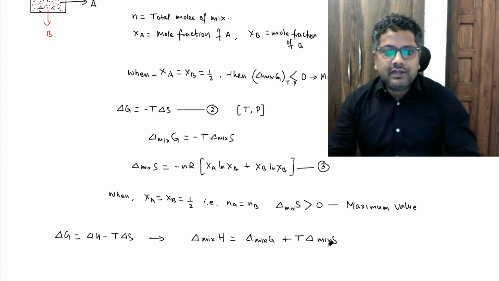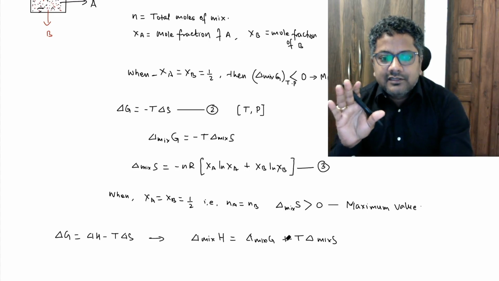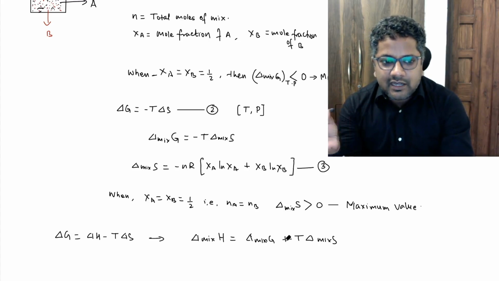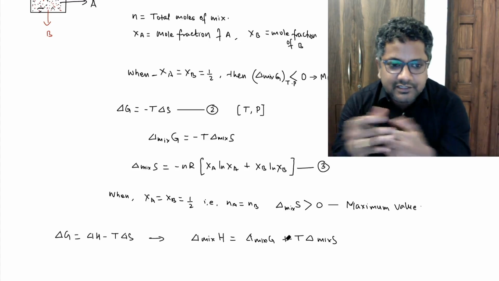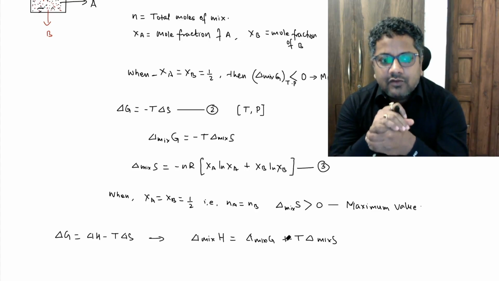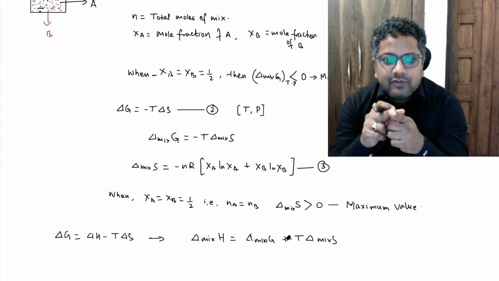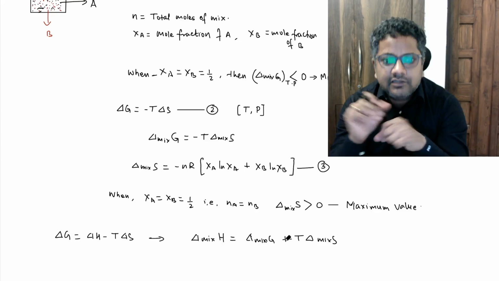See, I write the process with delta and then the symbol; don't think that I am doing something wrong, because in many books you will find delta S and mixing at the end, and delta G and then mixing. But there is no harm in representing it like this. Either way you can represent it, but I am following the IUPAC nomenclature. IUPAC suggests that you write the process with delta and then the symbol, right?